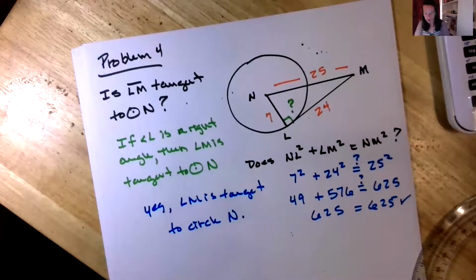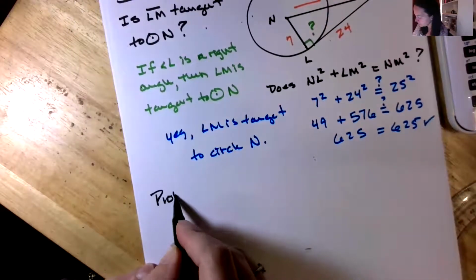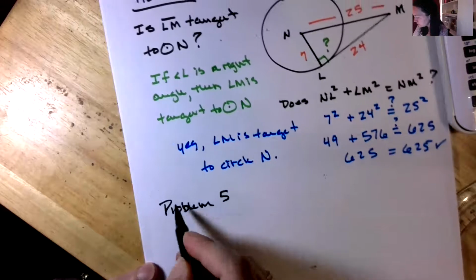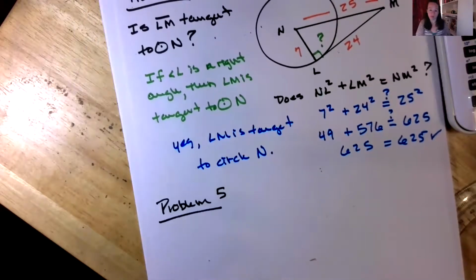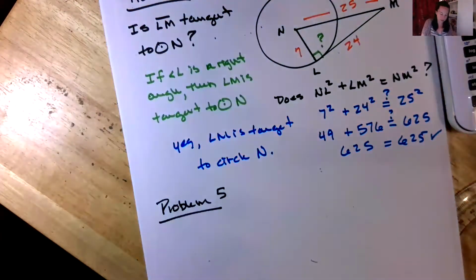Okay, one more example problem for this lesson. Problem 5. Problem 5 is a fun one because it is a circle inscribed in a triangle, but this triangle is made up of tangent segments, okay? So let us sketch this.